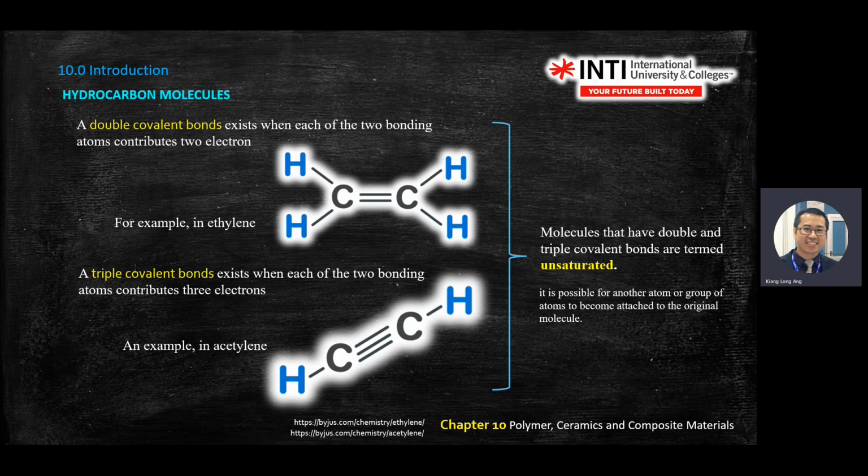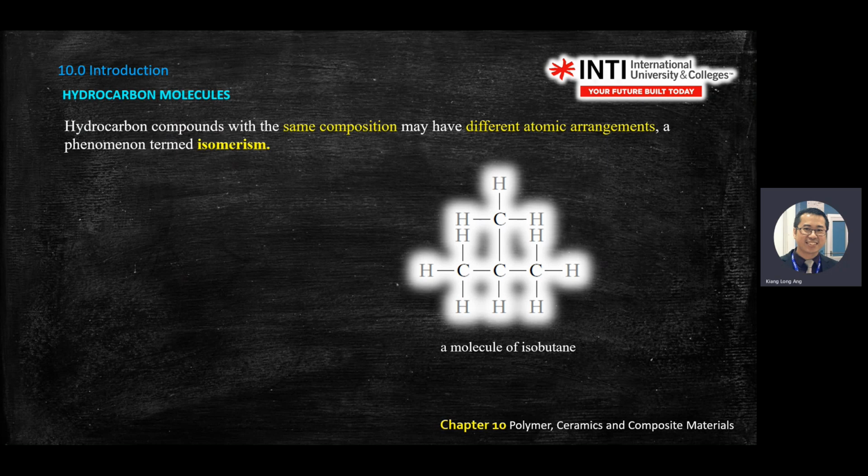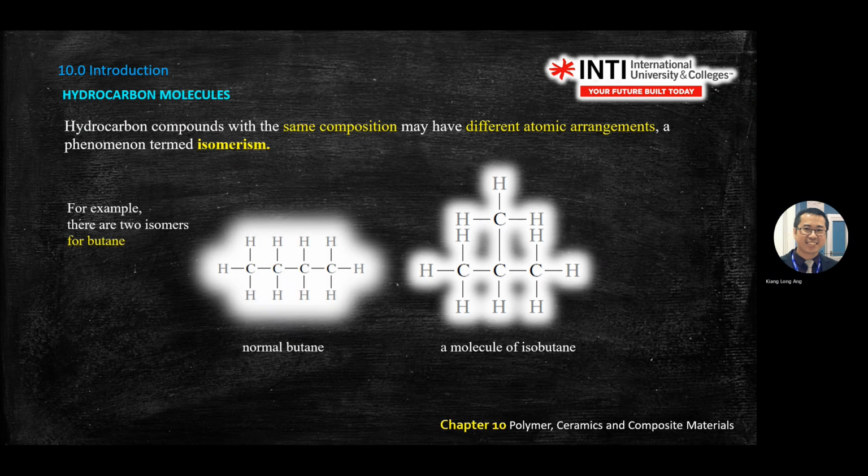Then you see many more types of hydrocarbon. Still you're seeing carbon and hydrogen. You have the same composition but different arrangement. They are called isomerism. For example, normal butane and isobutane.